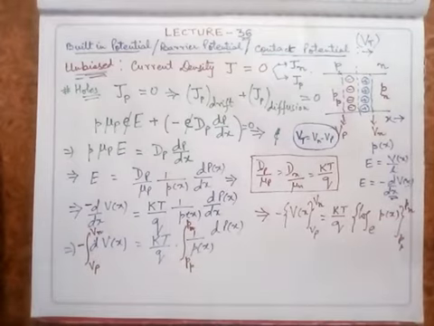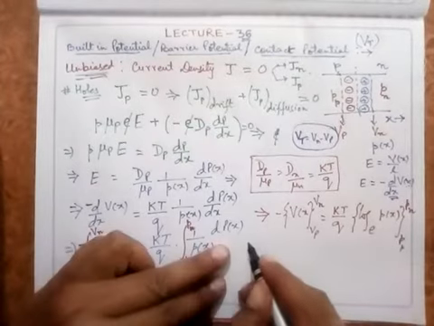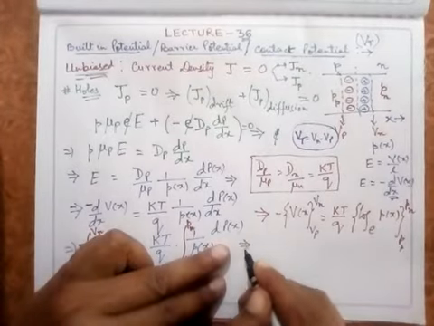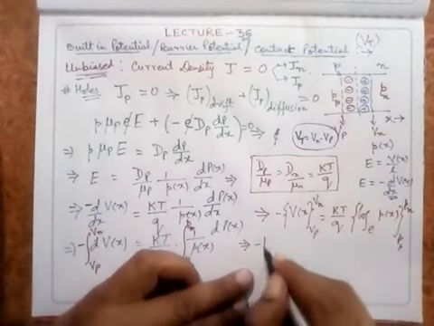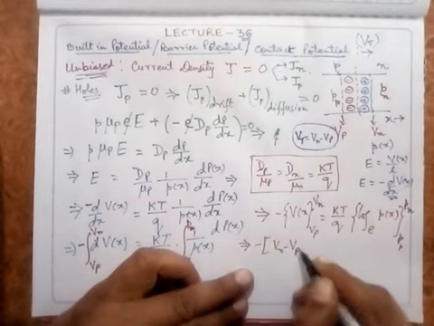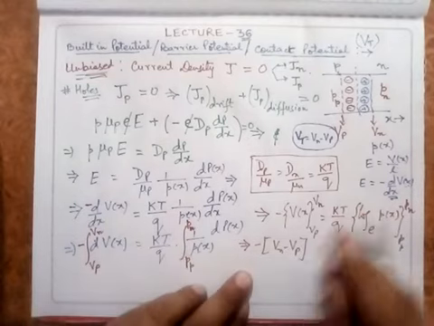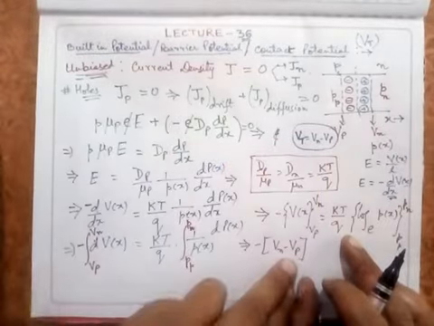Or from here, this will be Vn minus Vp, which is nothing but the built-in potential. I have found it from here.